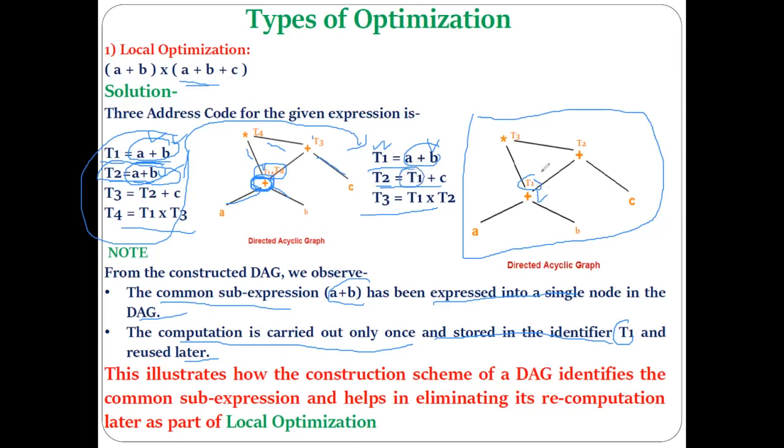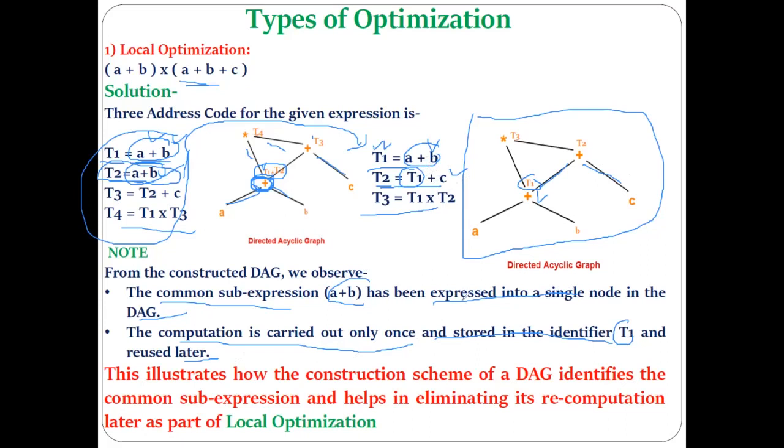The same thing is shown in the DAG. Here T2 equal to T1 plus C, so T1 is utilized plus C. So when the A plus B result is required in the second expression, A plus B is not computed again. Instead, T1 is utilized.